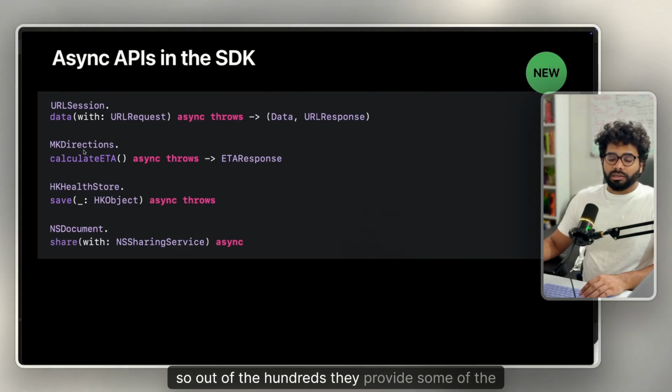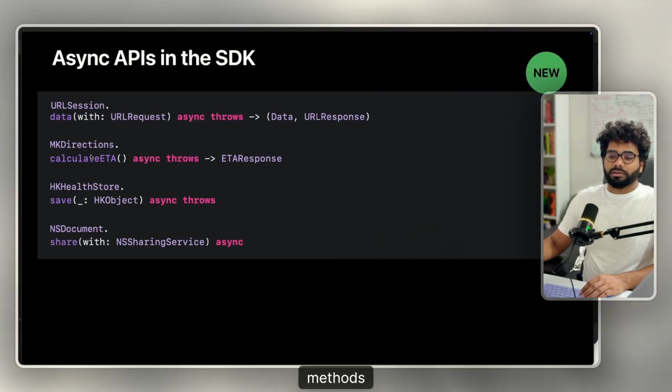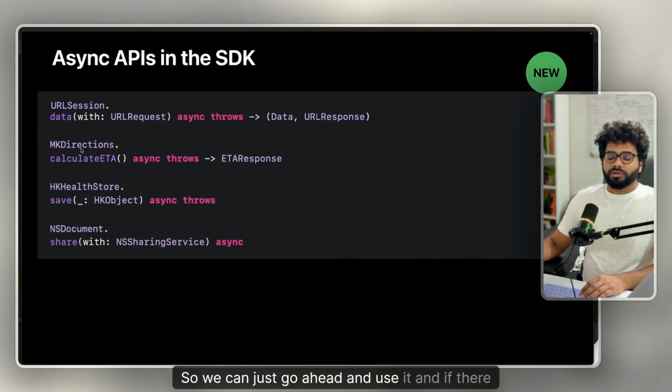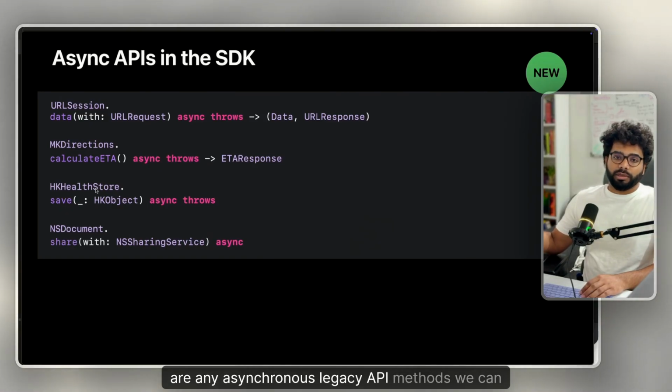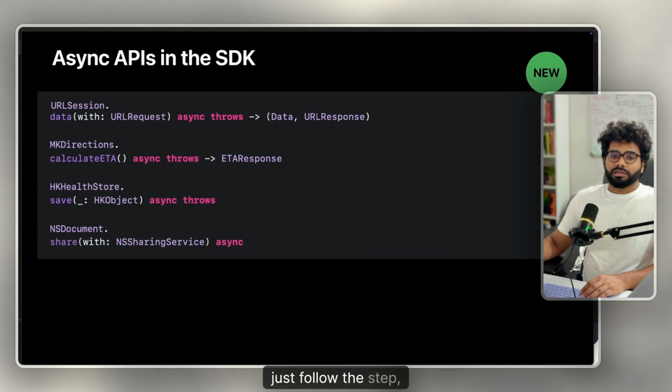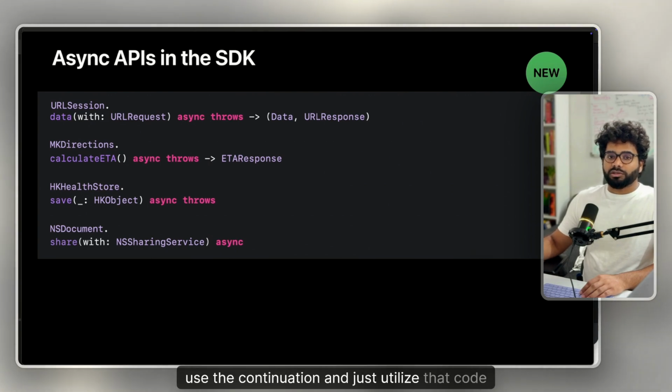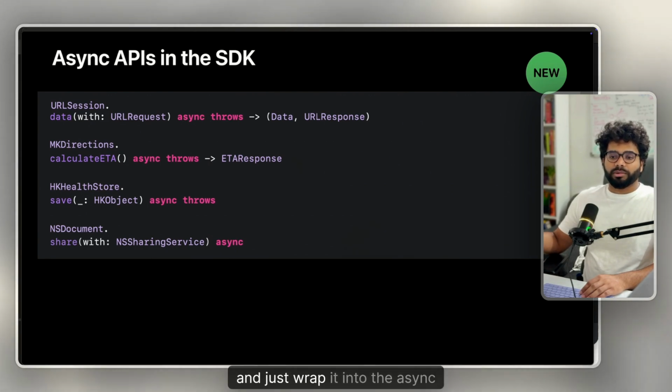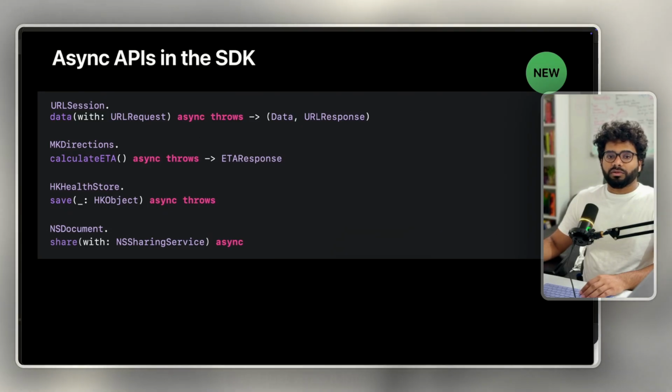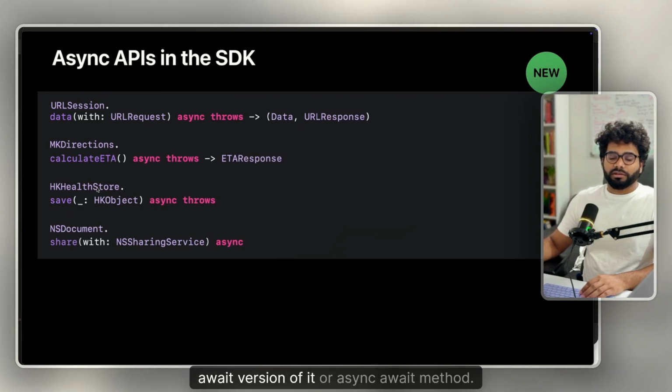So out of the hundreds, they provide some of the methods converted using the continuation, so we can just go ahead and use it. And if there are any asynchronous legacy API methods, we can just follow the steps, use the continuation, and wrap that code into the async await version of it, or async await method.